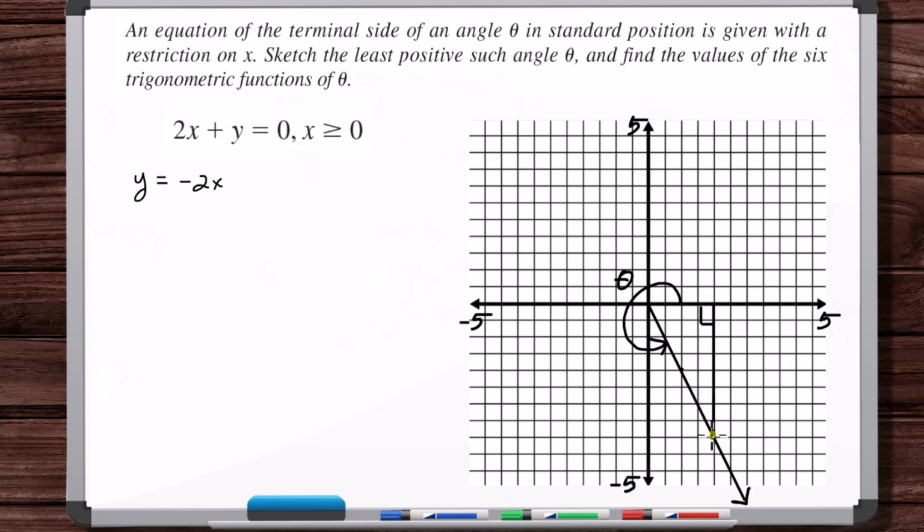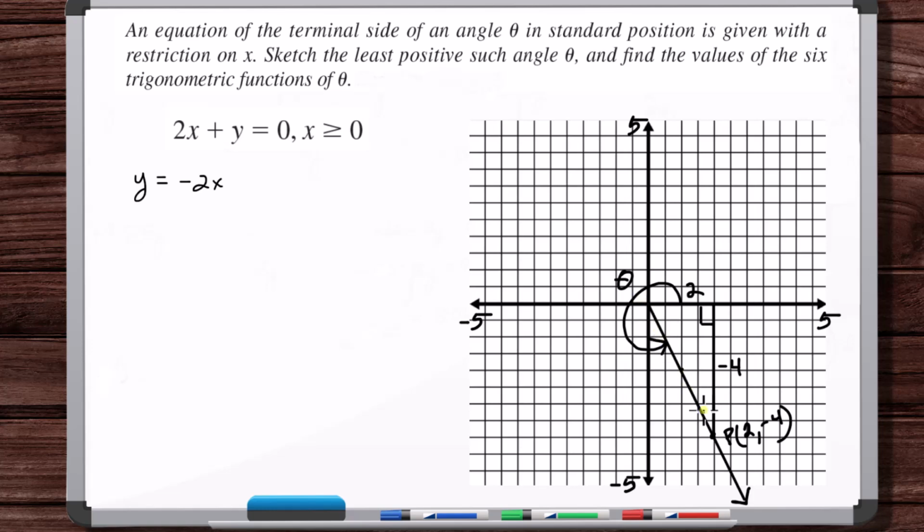Okay, now we know the coordinates of this point, so we know the side lengths. But if we have a negative value of x or y, we want to put that it's negative. So the point we have, this point P, we chose x was 2, so that means y is minus 4. So this leg is plus 2, and this leg is minus 4.